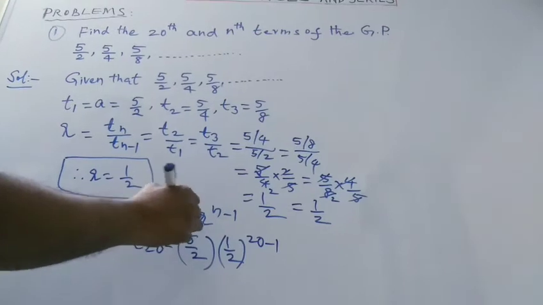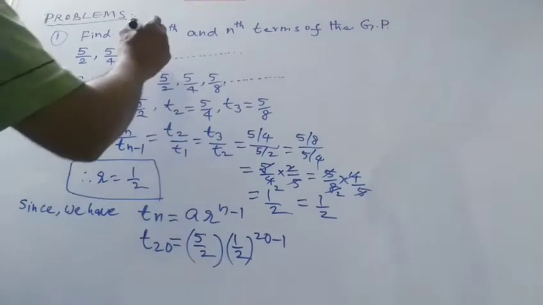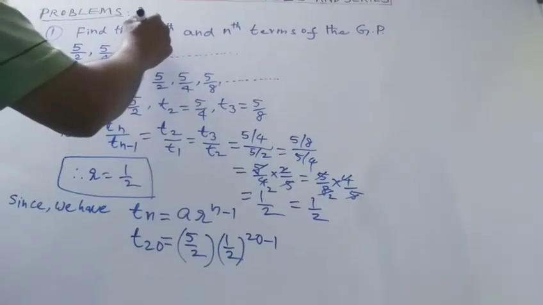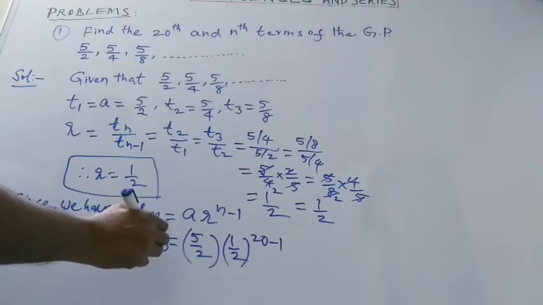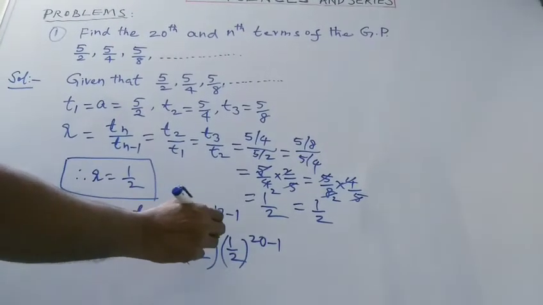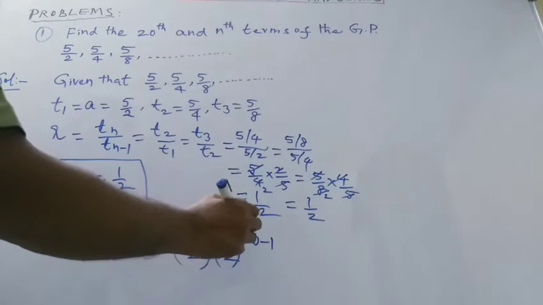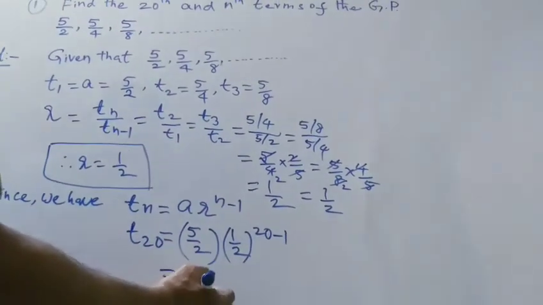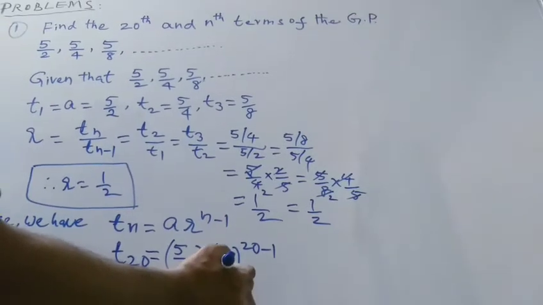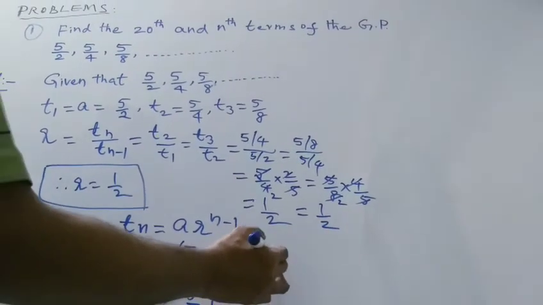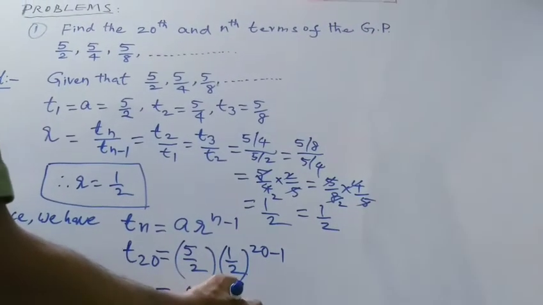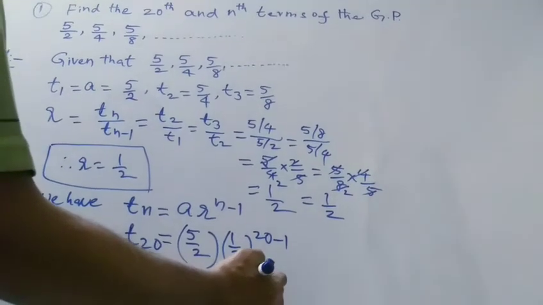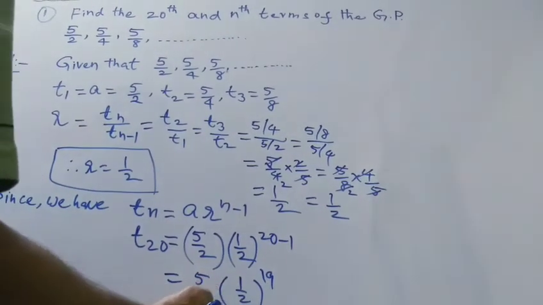Because we need to find the 20th term of the geometric progression. So T20 is equal to 5 by 2 into 1 by 2 all to the power of 19, since 20 minus 1 becomes 19.